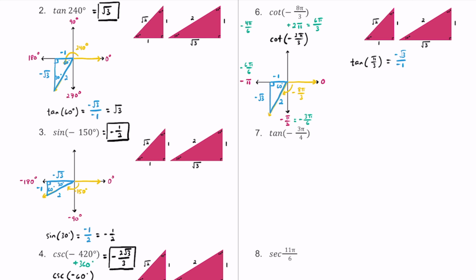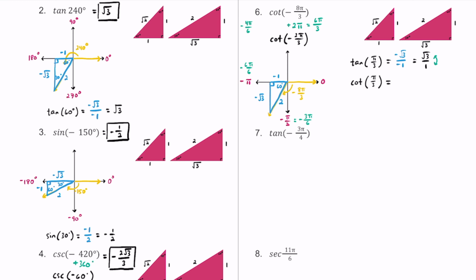And that simplifies down to positive root 3 over positive 1. I'm keeping it as a fraction real quick because we have to reciprocate this, or flip it upside down. So if we find cotangent of this pi over 3, that's just going to be it upside down.